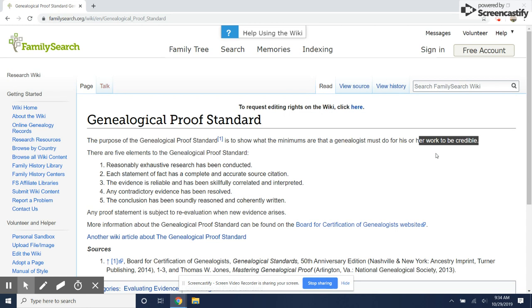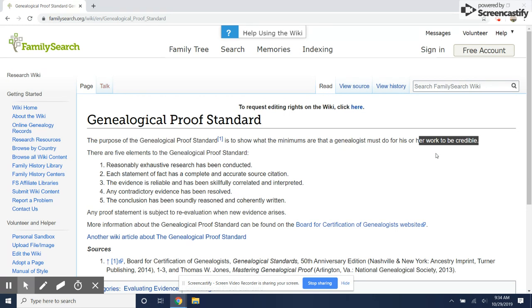So you would resolve that by finding out who both of those people's parents were, or who both of those people's spouses were, to see if they are the same person or separate people. There are many ways that you can do that.